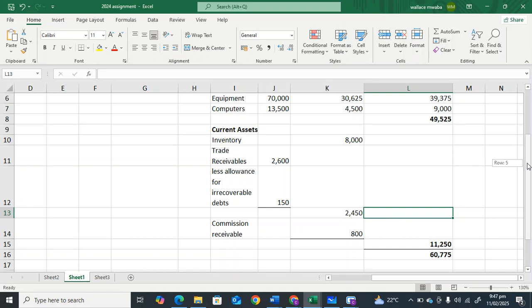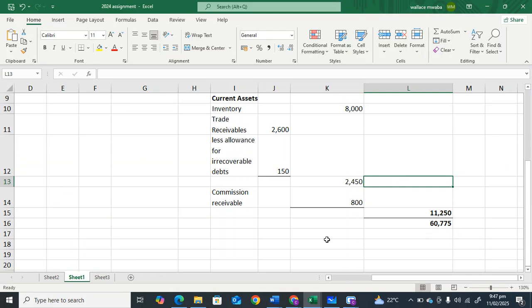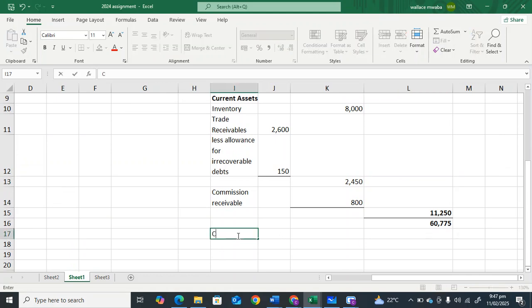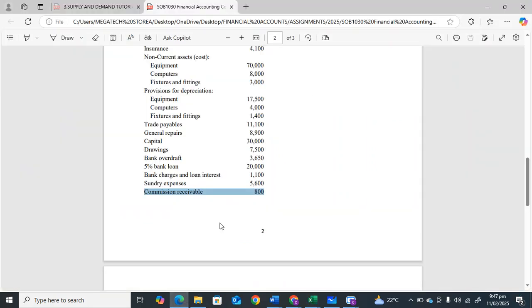Okay, so we've got our total assets. Next we go now to our capital section. So we start with our capital, 30,000.